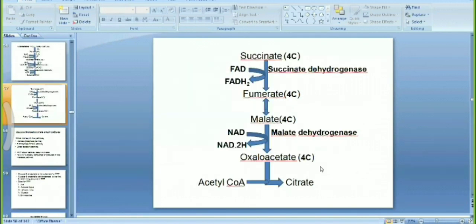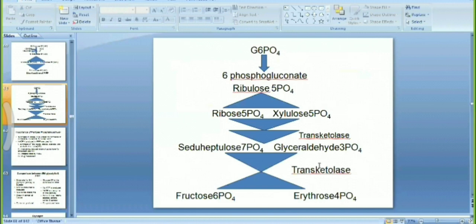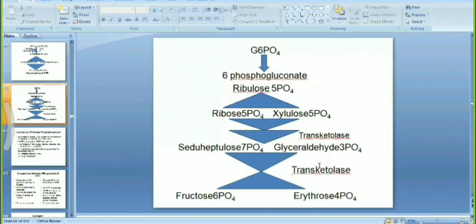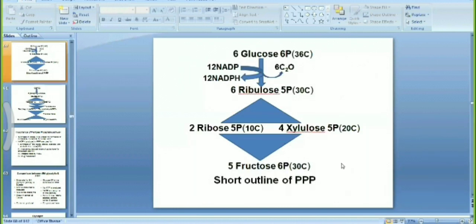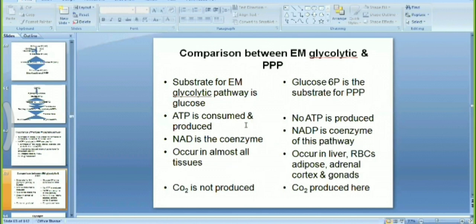Now come to the point. So this figure, I think, is a bit of elaboration of this short outline. This one is good for citation in the exam, also for viva. Okay. Comparison of Embden-Meyerhof glycolytic pathway with pentose phosphate pathway.